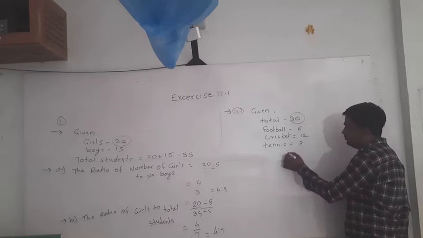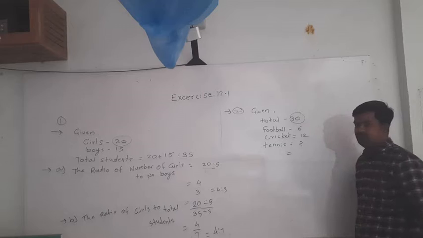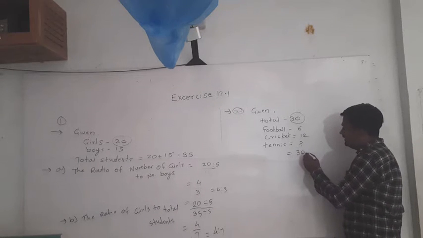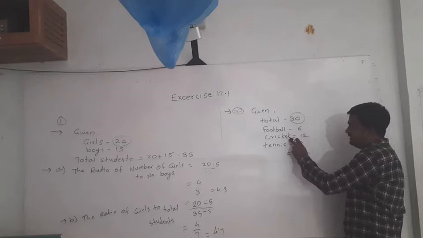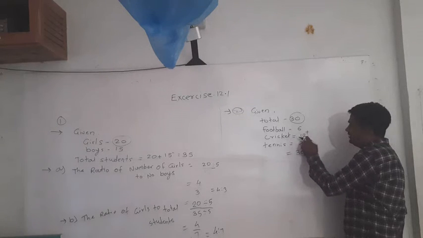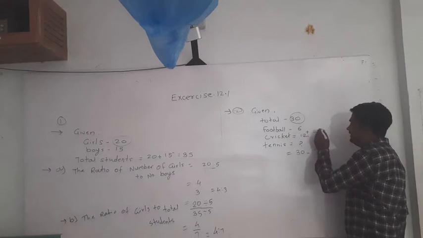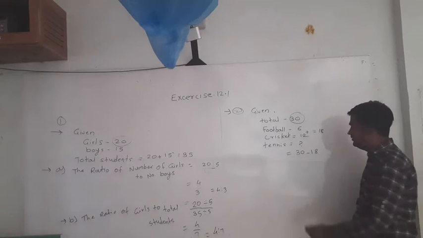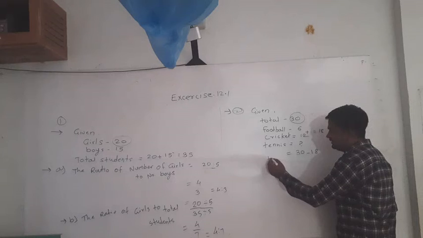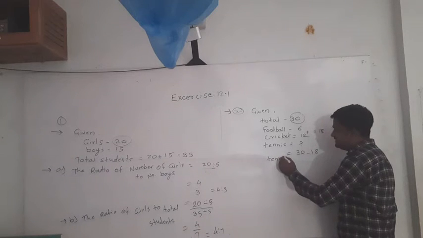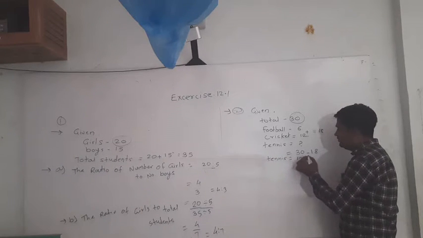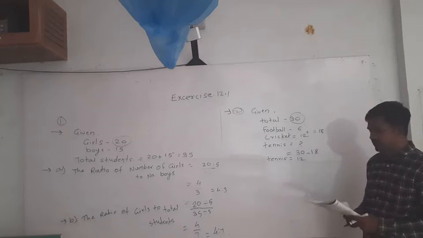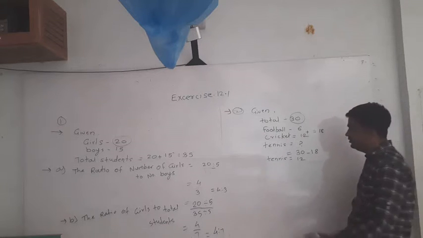We want to find the tennis students. 30 students minus football and cricket. How many together? 6 plus 12, 18. You can subtract this number from 30. So tennis students, how much? Tennis students equal to 12. So now we have all the data, and I want to find the ratio of the given question.